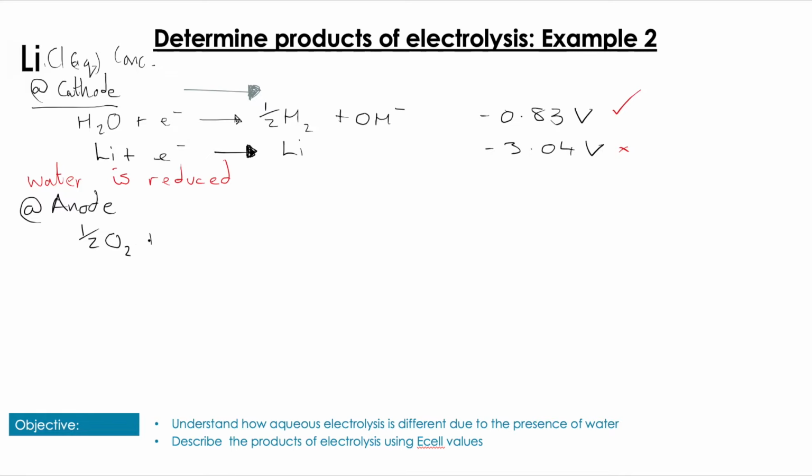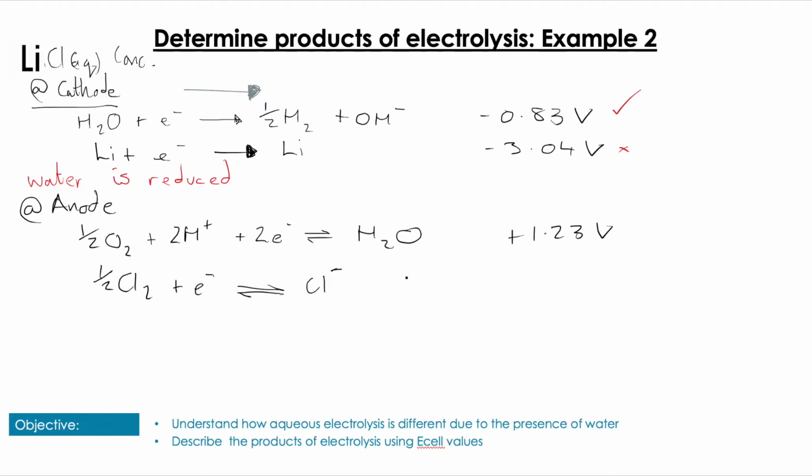For the anode, again, we have our equation for our oxidation of water, which is going to have a value of plus 1.23 volts. And this time we have chlorine, the oxidation of chlorine, which is plus 1.36.